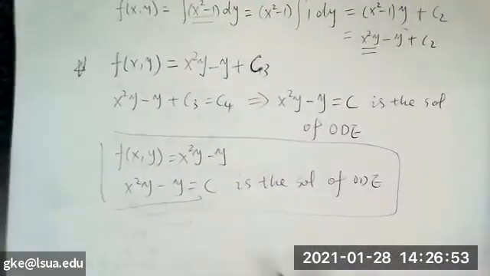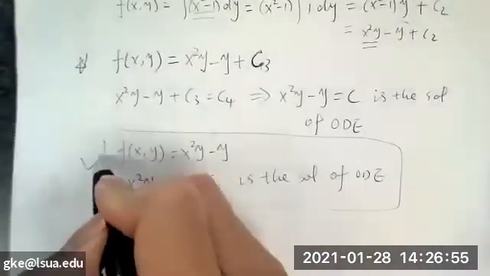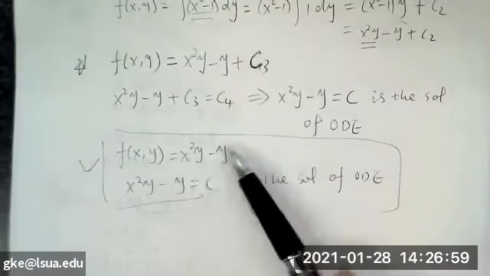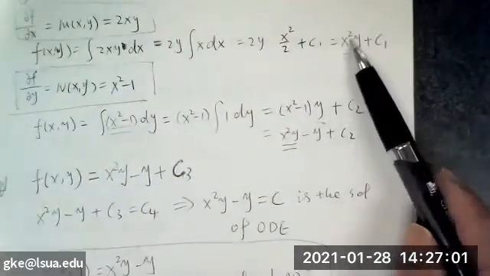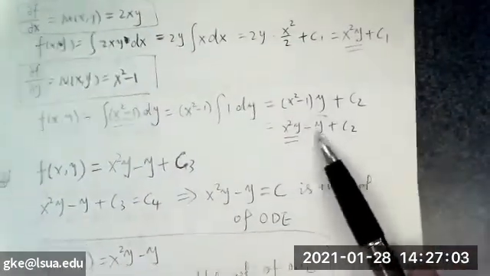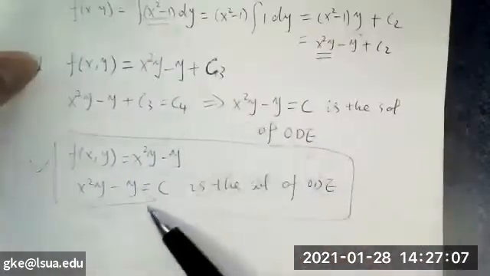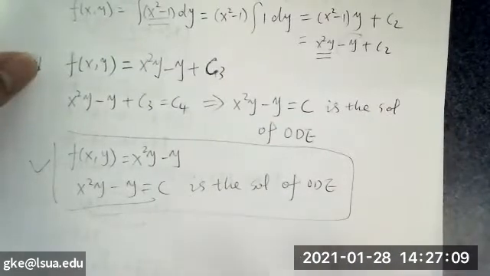So I would probably like to follow this way. Don't put a constant there, just write down f(x,y), pick the x squared y and negative y. If there's a constant, we're going to pick it. And let this guy equal C is the solution of the ODE.